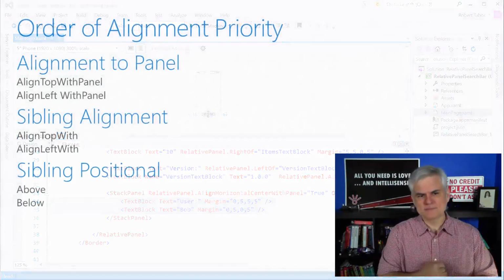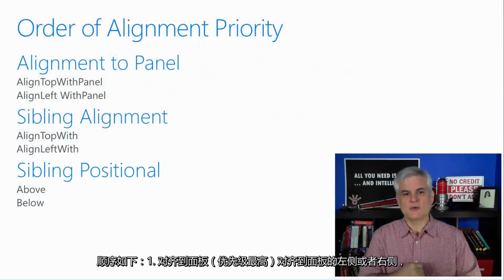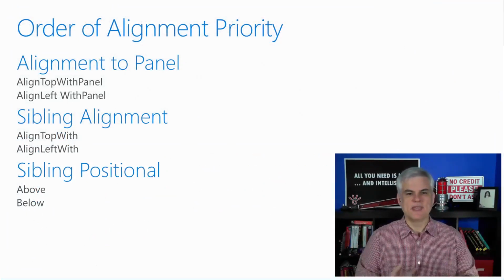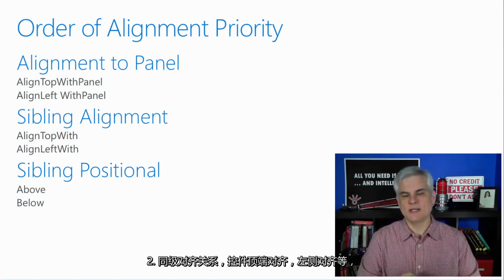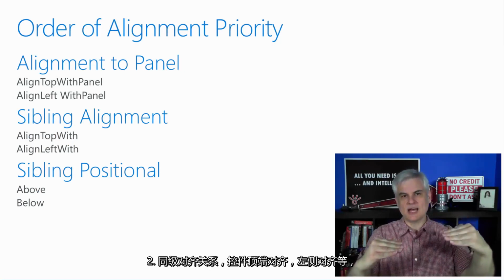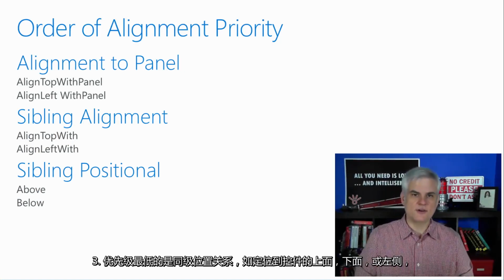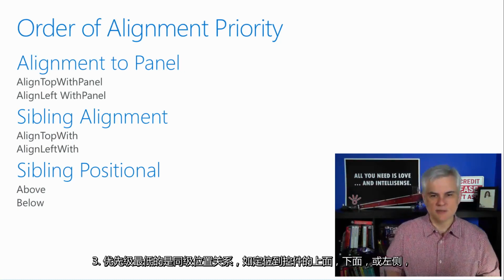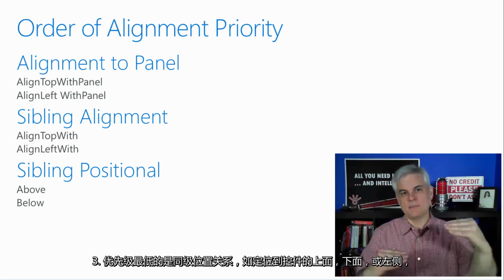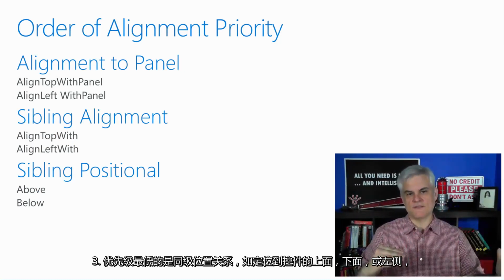So first priority will be panel alignment, so align me to the left or the right of the panel. Then the second one will be sibling alignment relationships. So align me with the top of this control, align me with the left of that control. And then the third and the lowest priority would be sibling positional relationships. Set me above this control, below this control, to the left of this control.